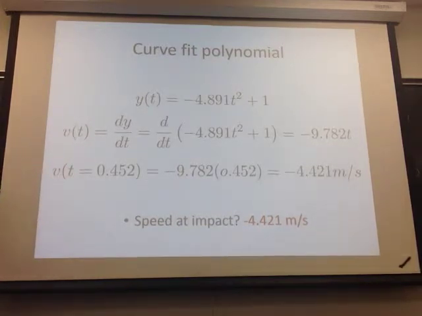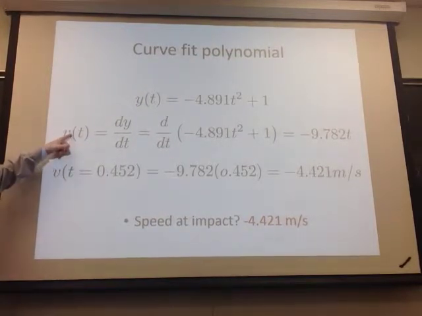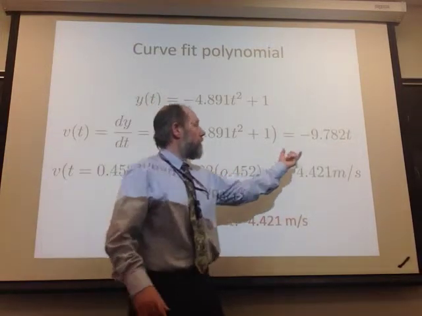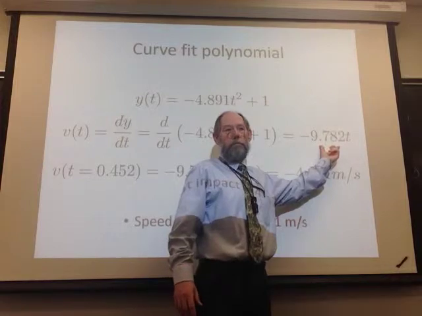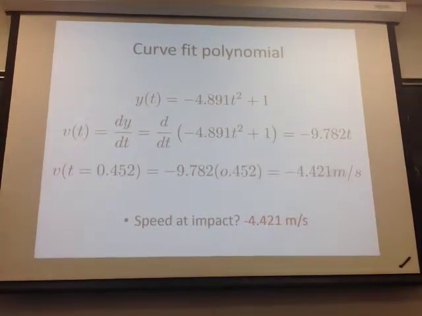What's the change in velocity with respect to time? What do we know that as? Acceleration. So the change in position with respect to time is velocity. The change in velocity with respect to time is acceleration. So this describes acceleration in our example. So we can calculate the acceleration of that ball at any time.